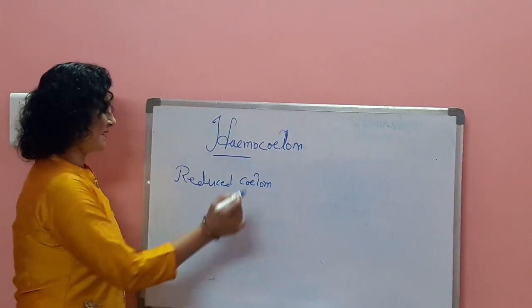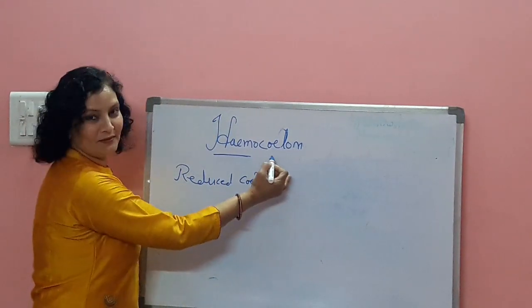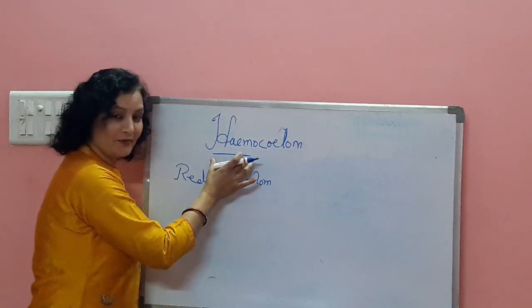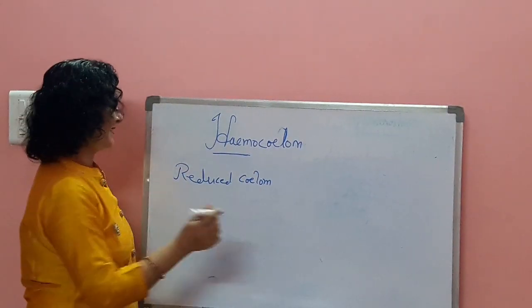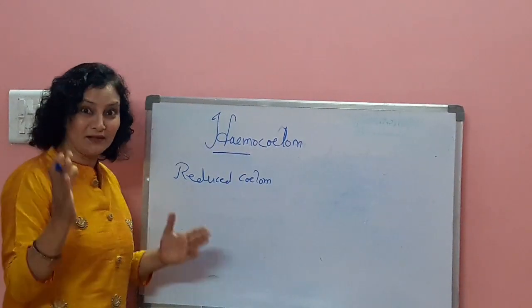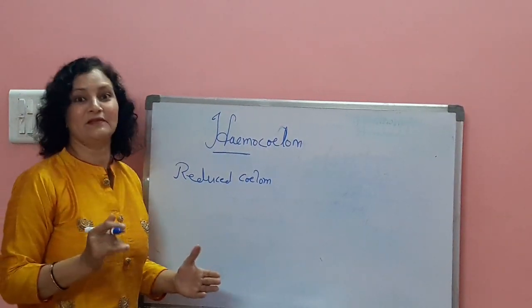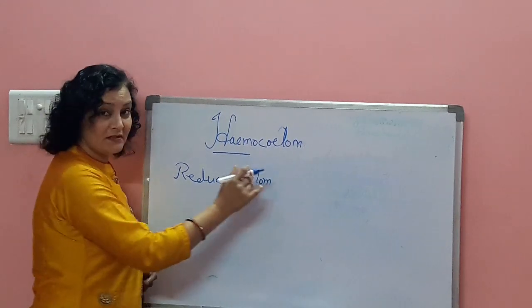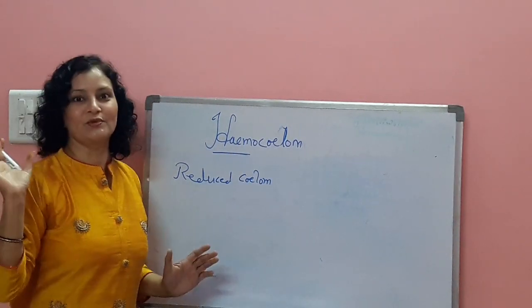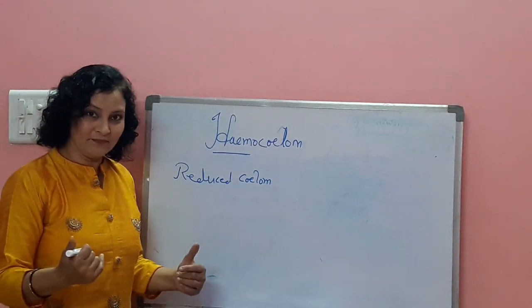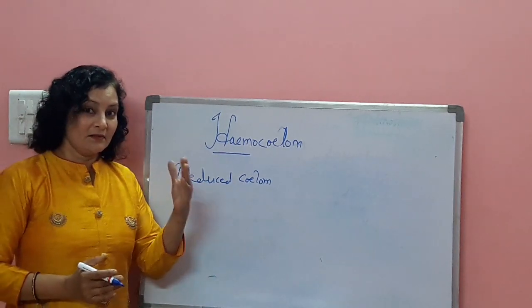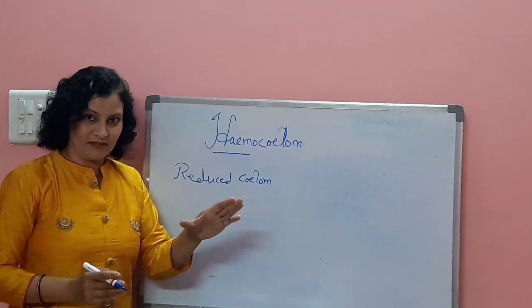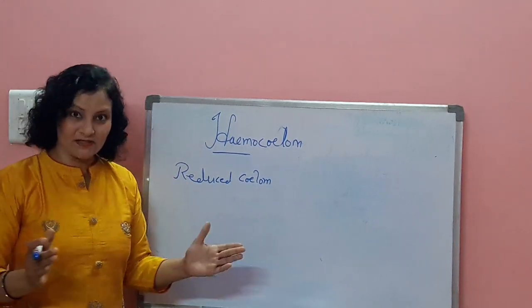Now, the last type of coelom is hemocoelom. What does the term hemo strike in your mind? Blood. Yes. Hemocoelom means a coelom which is filled with blood. It means the coelom is automatically reduced because it is filled with blood. The animals which possess blood in their cavities do not have blood vessels.